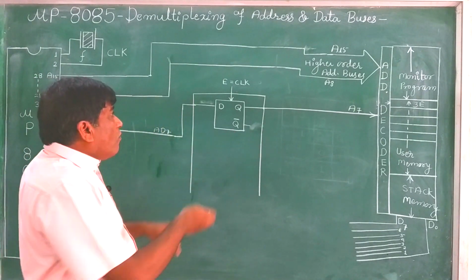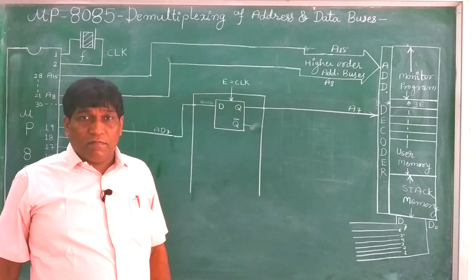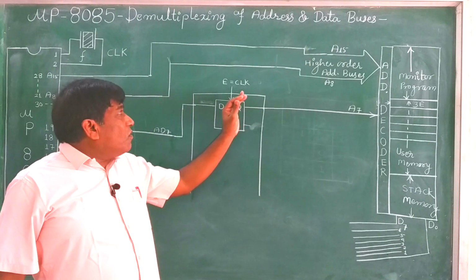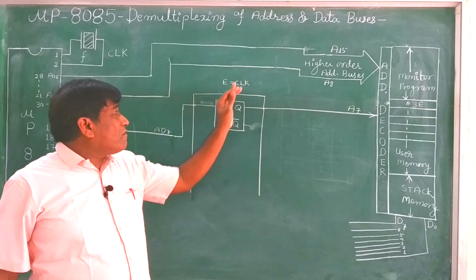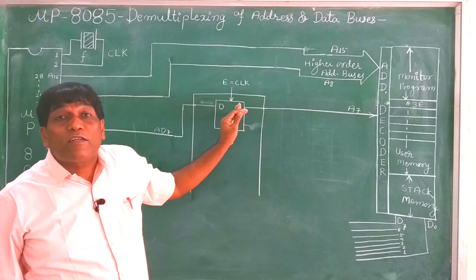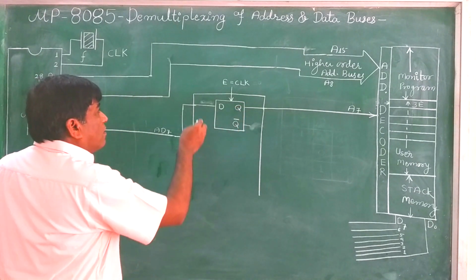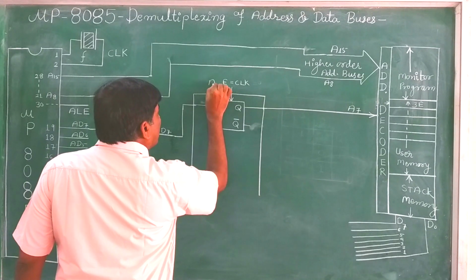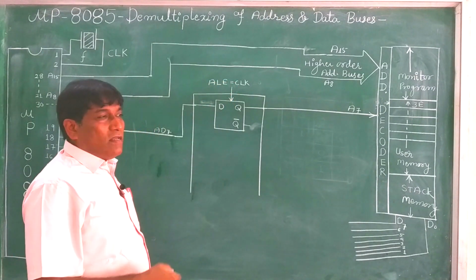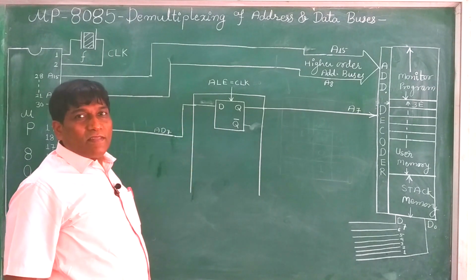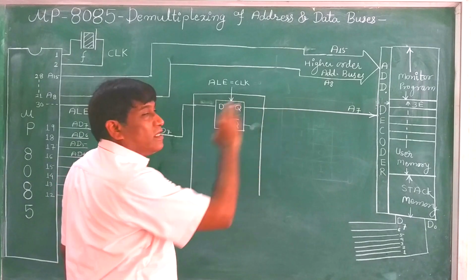As we have seen, whenever the clock is activated, whenever it is enabled, what should be connected at the clock of this flip-flop? This is the question. Certainly here we have to connect ALE, address latch enable. It is the latch, the D flip-flop, which is used to latch the address.